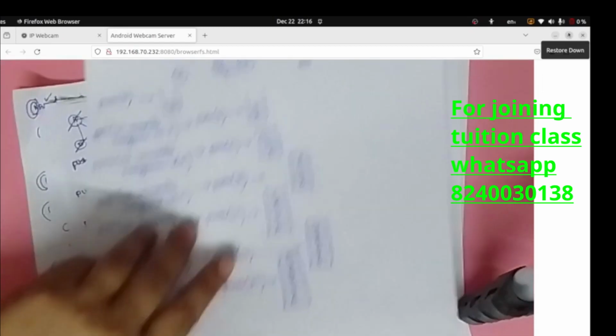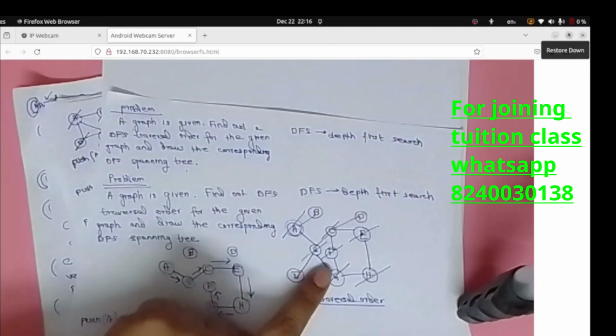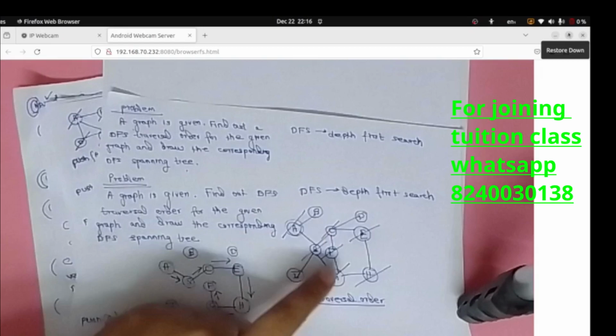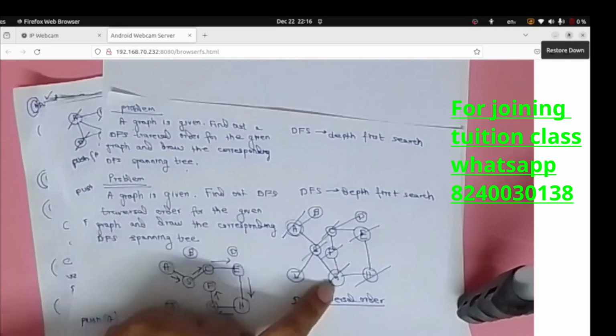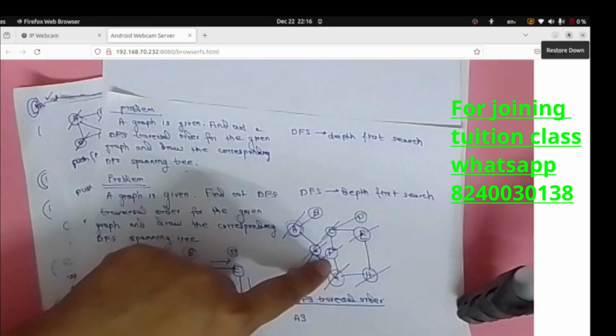If we see the graph, the neighbors of F are C and G and both are visited. So there is no unvisited neighbor of F. So from F we cannot move forward.